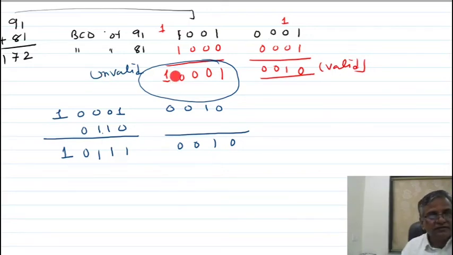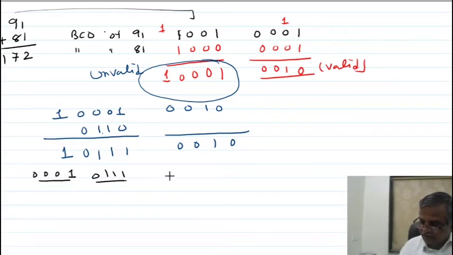BCD is 4 bit, and here you are getting 5 bit, right? So I am adding this. Your final answer is 0 1 1 1. This is 1, I have put here to make a 4 bit. So this is your 2, this is your 7, this is your 1.